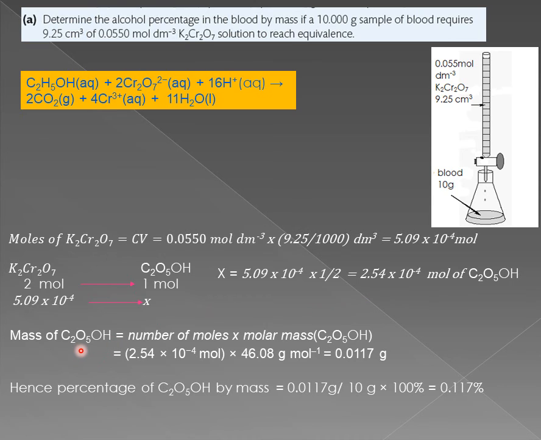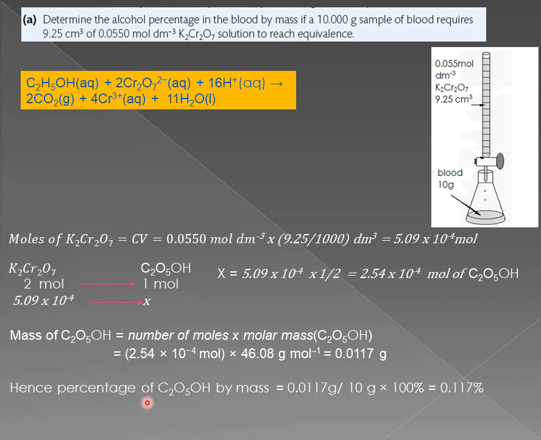The mass of ethanol, this should be C2H5OH. This oxygen is wrong here. This should be hydrogen. C2H5OH equals number of moles times molar mass of C2H5OH. Again, this is wrong. This should be hydrogen. So the number of moles we calculated times the molar mass of ethanol, 46.08 gram per mole, and this is the mass of ethanol.